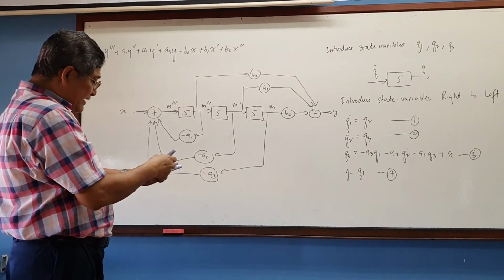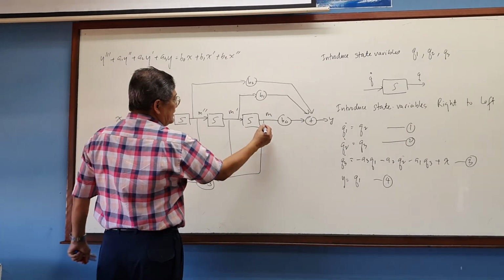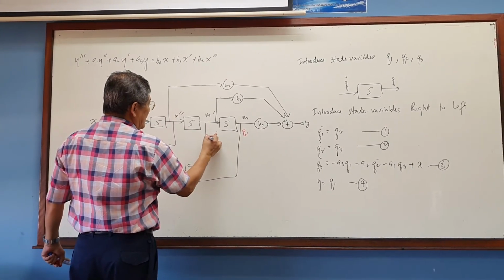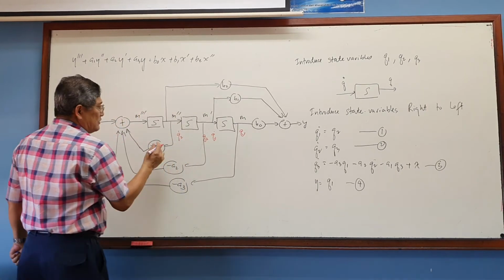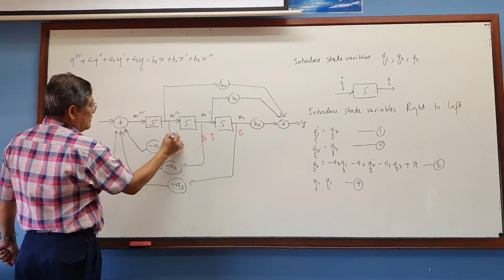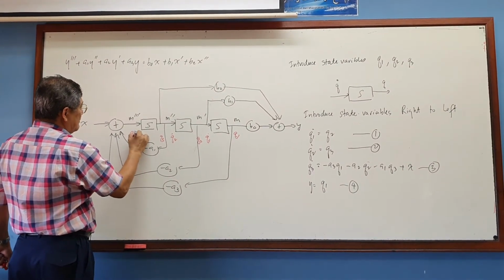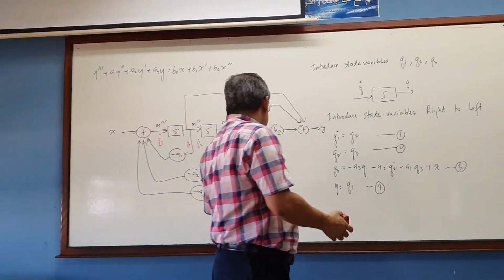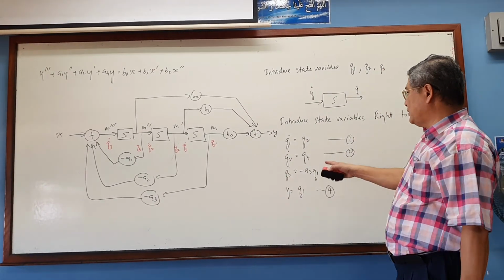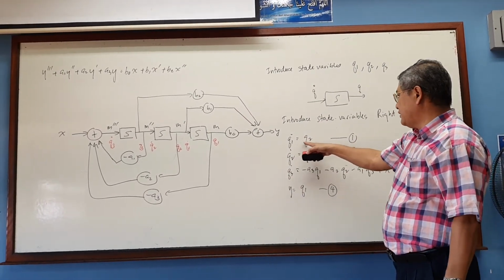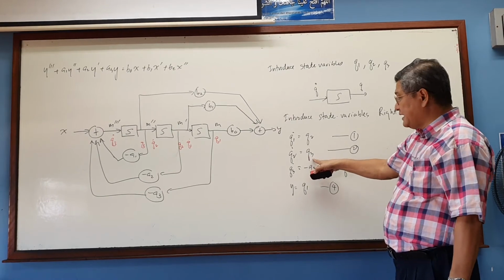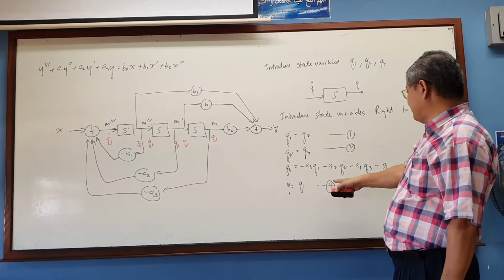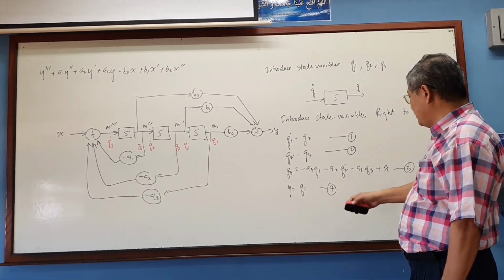Okay, the same thing that we had just now, we introduce the variables Q1, Q1 dot, Q2, Q2 dot, Q3, Q3 dot. The same thing we have: Q1 dot, Q2, Q3 will be the same thing, this one plus x, only the Y changes.